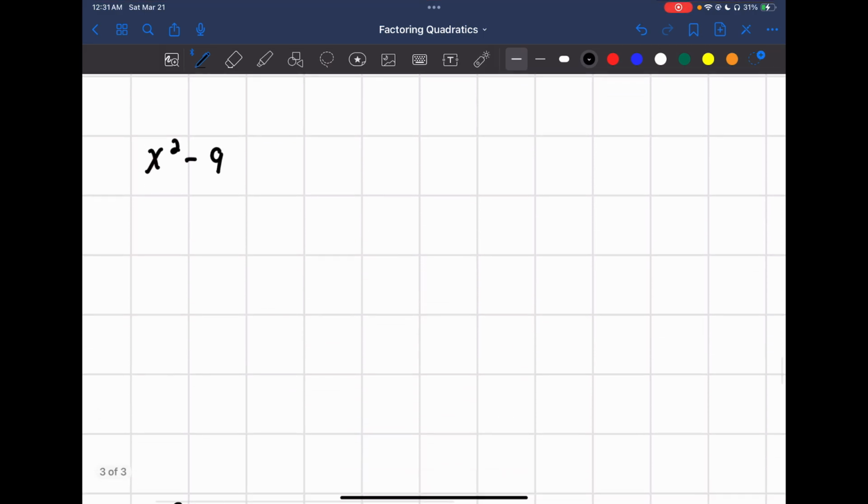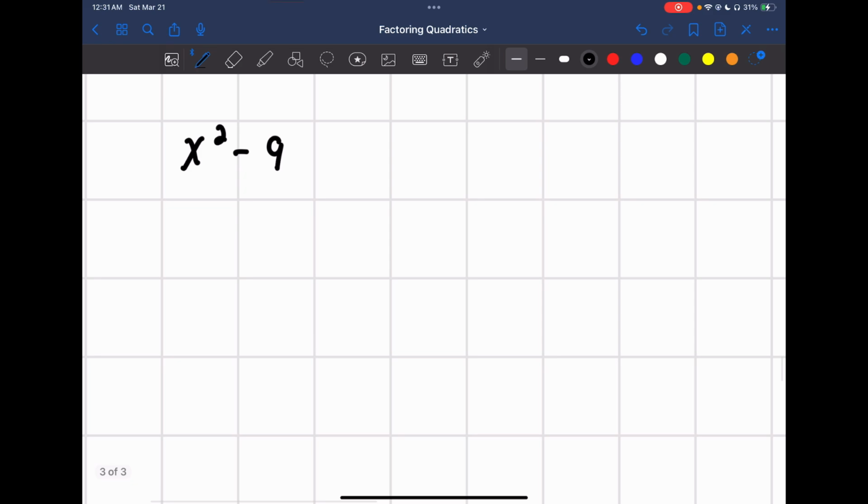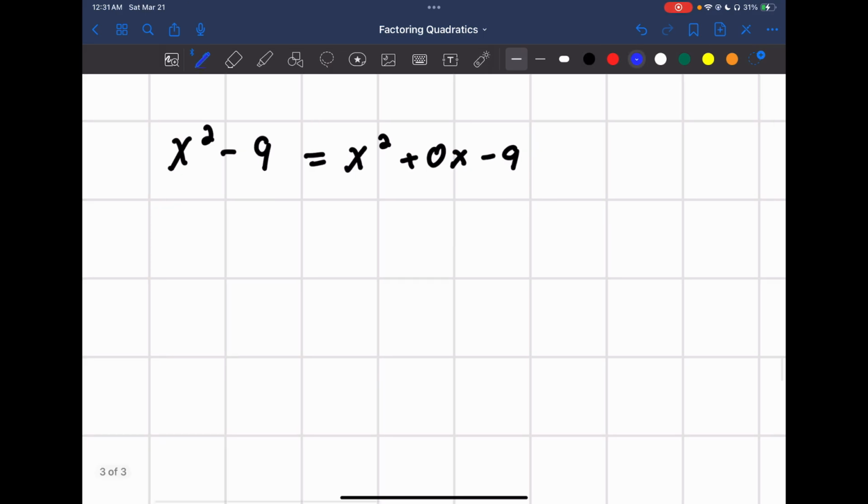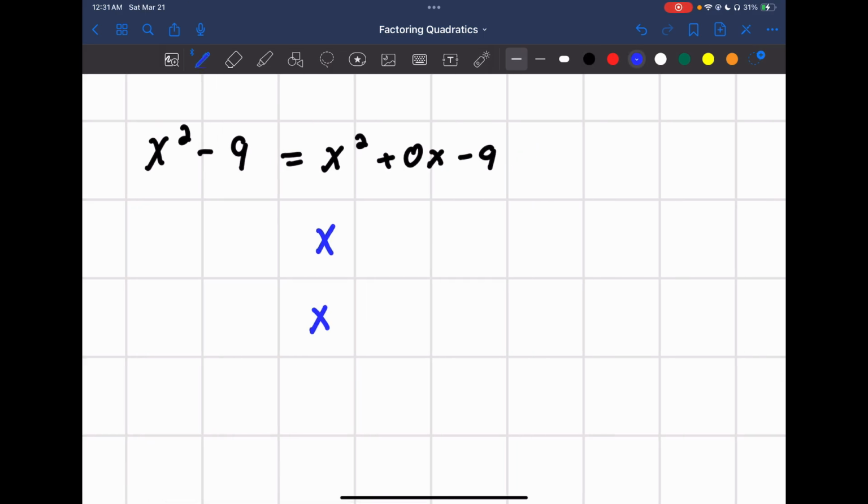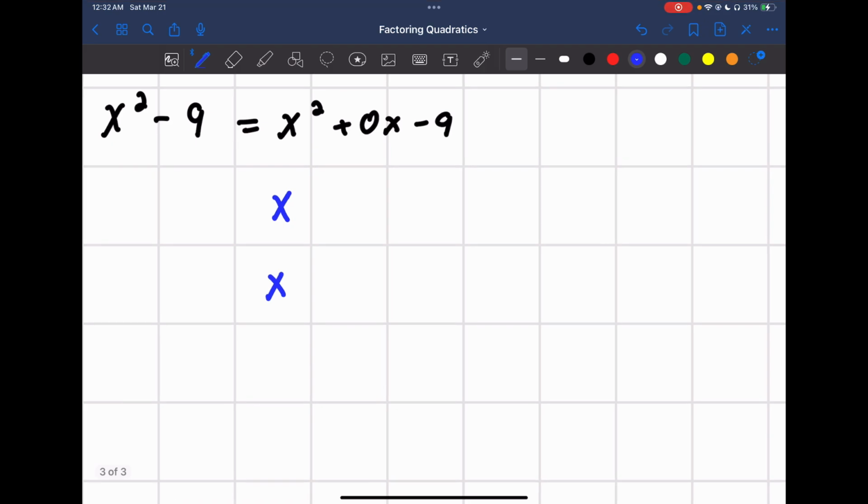For our next example, we have x squared minus 9. So notice we have no middle term. So we could also infer that our middle term is essentially 0x, and you'll see why in a second. So x times x is x squared, and then minus 9.